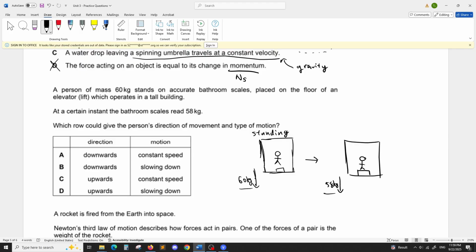And then we have a direction of motion, so that means we introduce a new vector. Since we're originally 60 kg, this 58 is actually the sum of the forces, the resultant force.